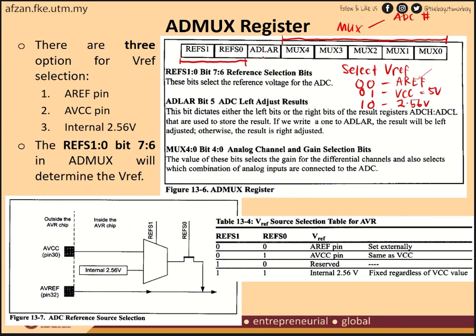Okay, last but not least is your ADLAR. This ADLAR here is used to determine either the left bit or the right bit of the result register inside your ADCH and ADCL, which are used to store the result. Whether you want to store the result from right to left or from left to right, this ADLAR here is to select that.